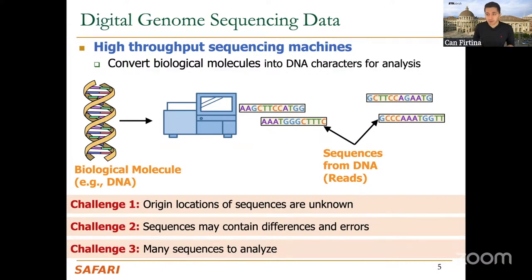And as a third challenge, specifically a computational challenge in the practical sense, we have many of these fragments to analyze. Assume we want to analyze a human genome, considering one pair of the chromosomes, we have 23 pairs, right? In total, we would have 3.2 billion bases.